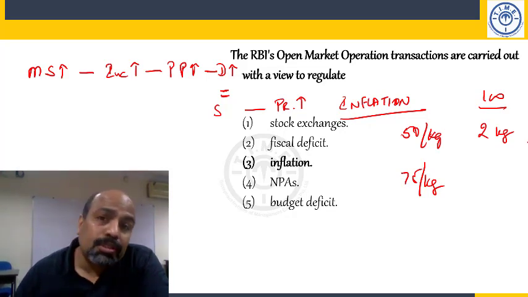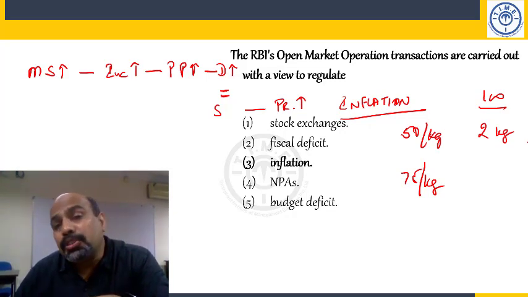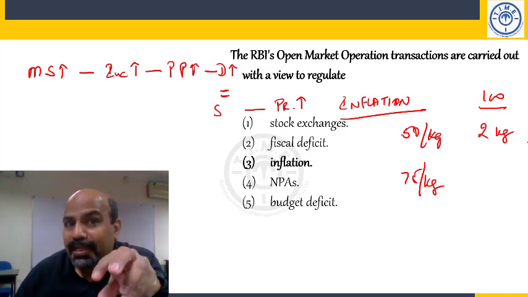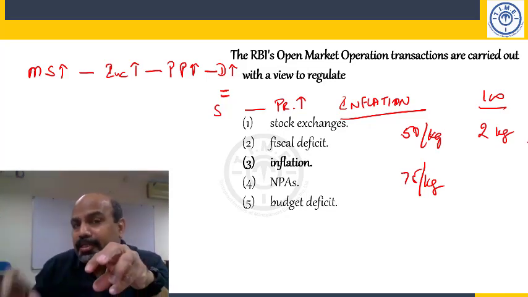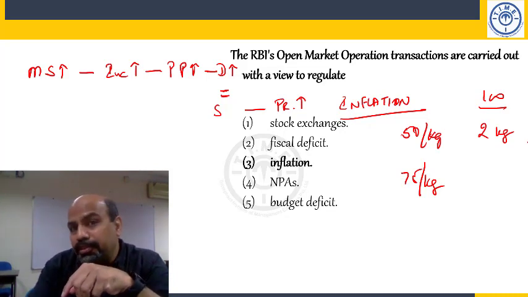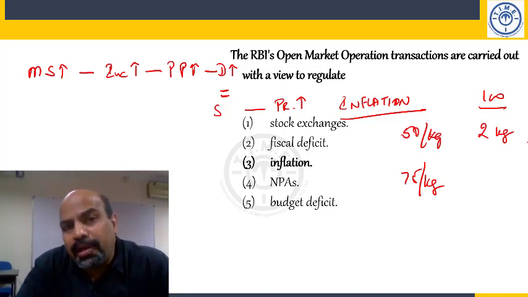Inflation is important, but growth is much more important. So they said that we will keep the interest rates low. And how do you keep interest rates low? By pumping in money. You got it? Money supply increases, interest rates are low. But when interest rates are low, inflation rises. This is what Professor Verma had talked about.